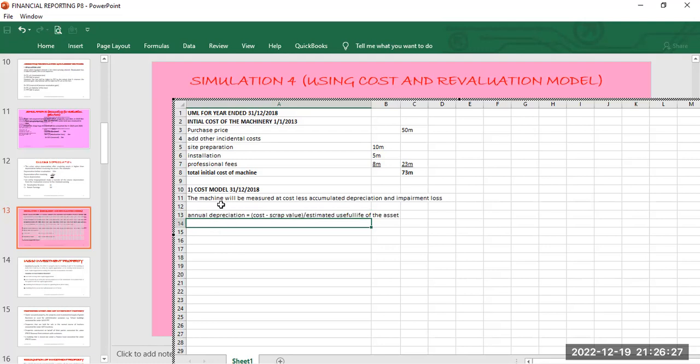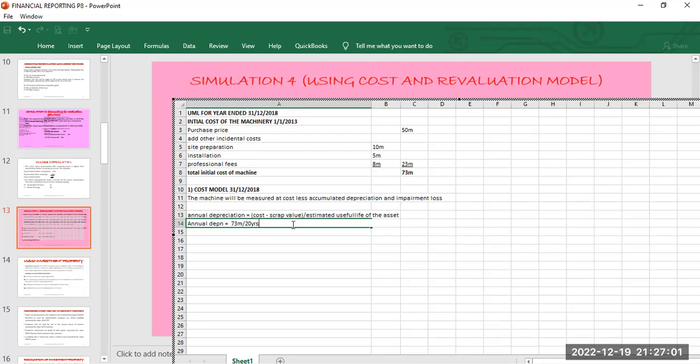So we've got our cost. We computed it, and it was 73 million. Annual depreciation will be equal to the total cost we computed here, 73 million, divided by the useful life. Useful life, they said it was 20 years.